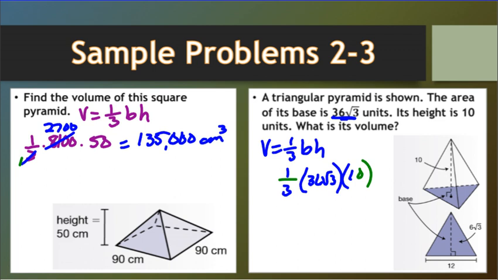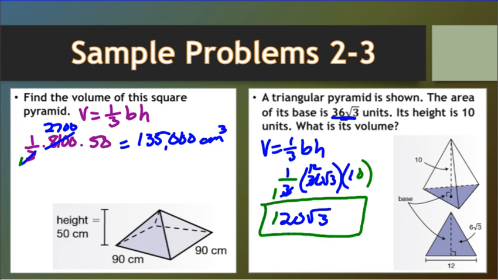Actually, it would be 36 divided by 3, which is 12. 12 times 10 is 120. And then we have the square root of 3. We will keep the radical in there. So this would be 120 square root of 3 cubic units. We won't need to evaluate the square root of 3, just put it as the square root of 3 in your answer.